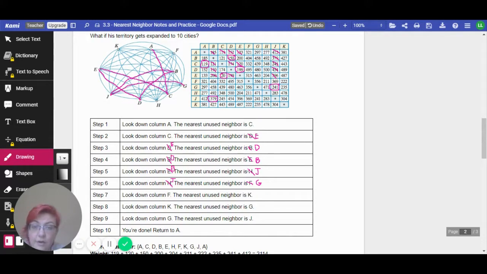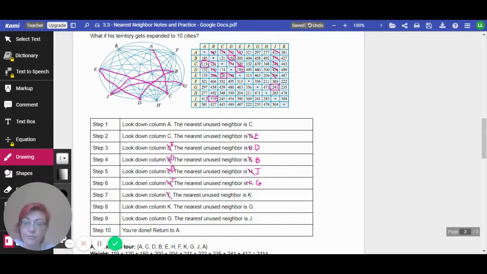All righty. From G now, I cannot use A, B, C, D, or E. I also cannot use J. That leaves me with F, H, and K. And I'm going for K. 235.